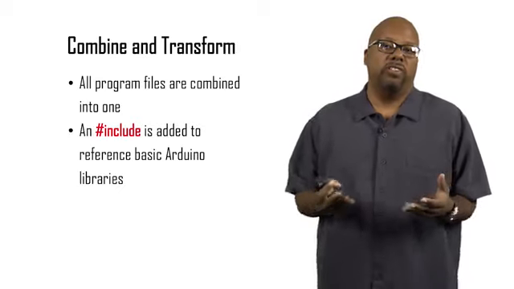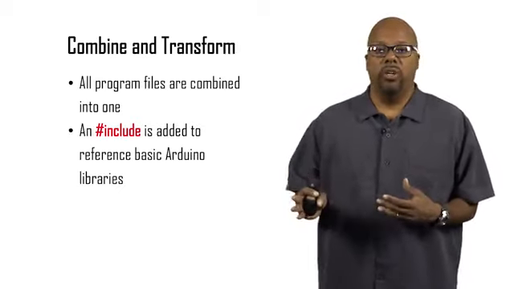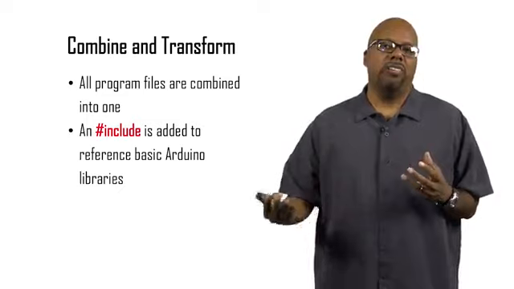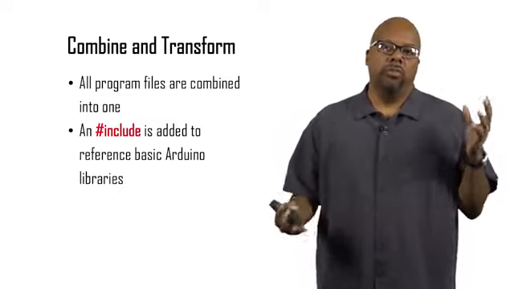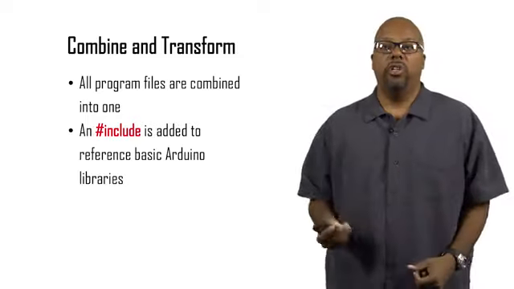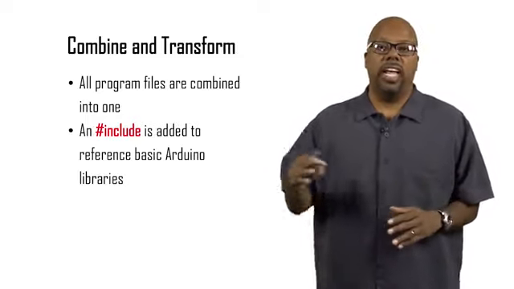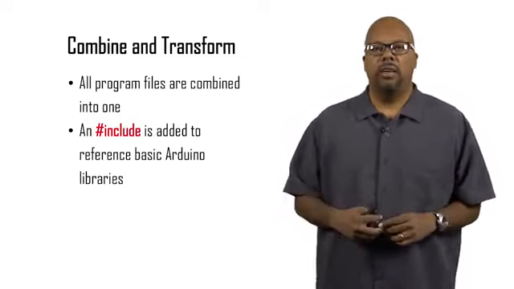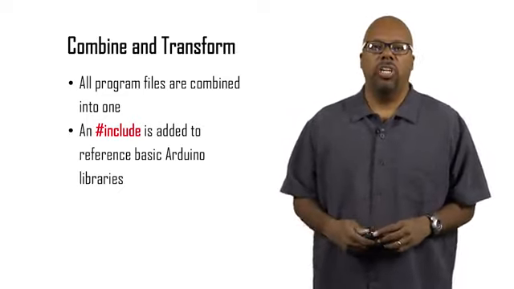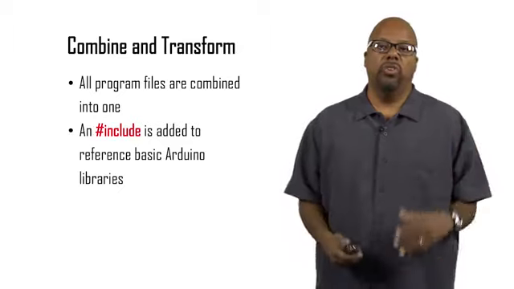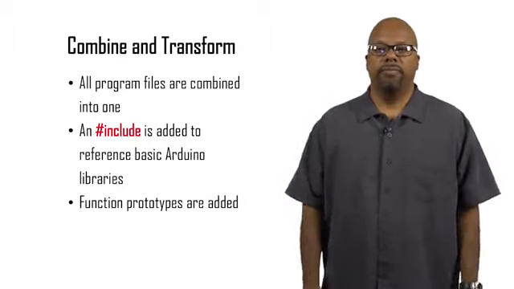Those are not part of native C or C++. Those are Arduino libraries, so they have to be included into your big mess of code. So hash includes are added. You don't add those. They get added automatically, and they include the library functions that are used inside your code into the big single source file that's going to compile.